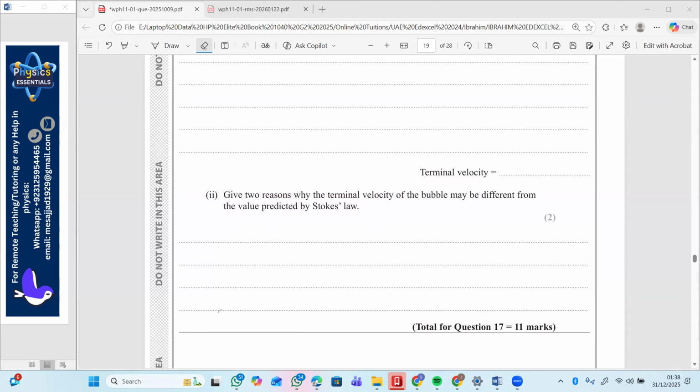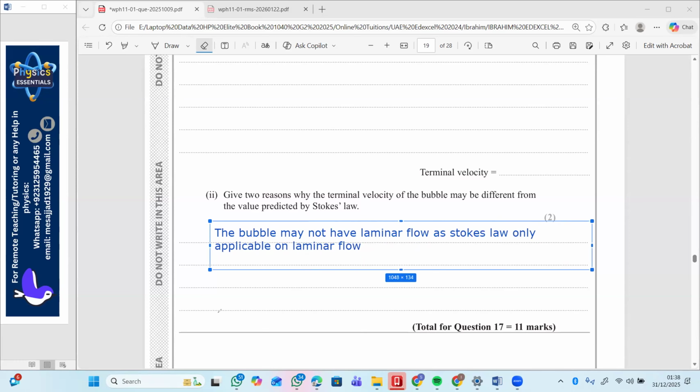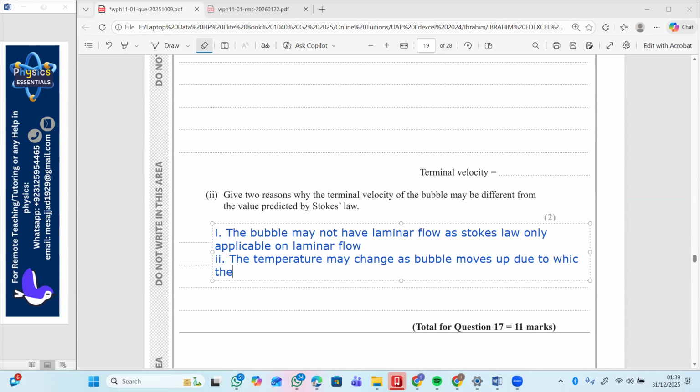Number two: the temperature may change as the bubble moves up, due to which the density changes and the drag force also changes.